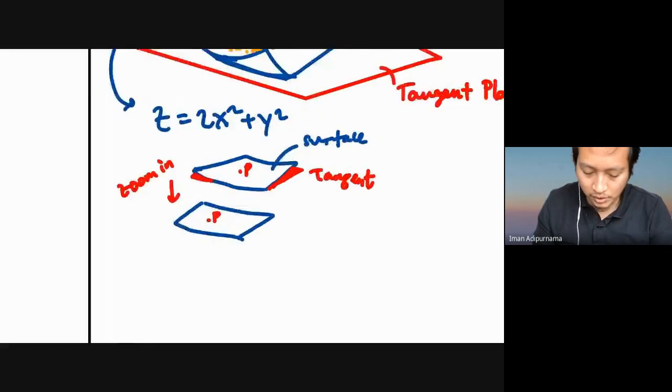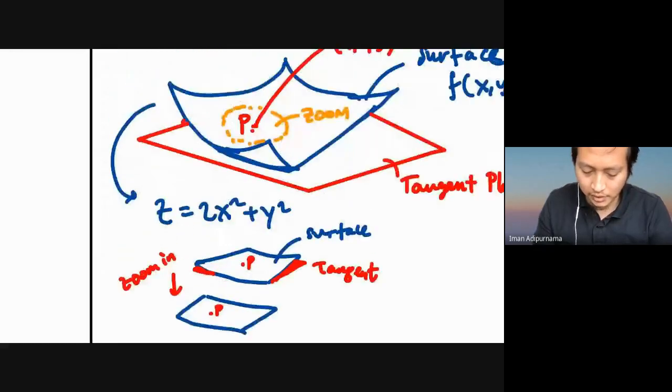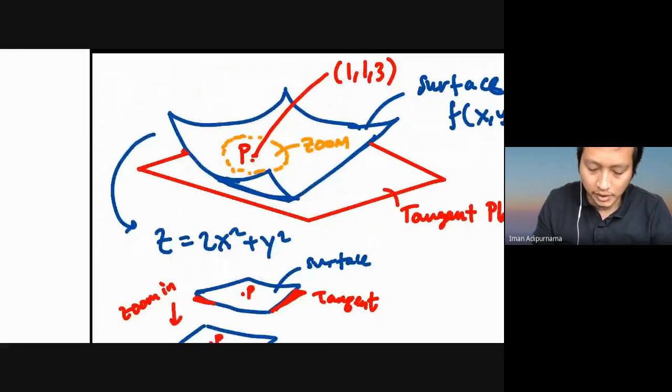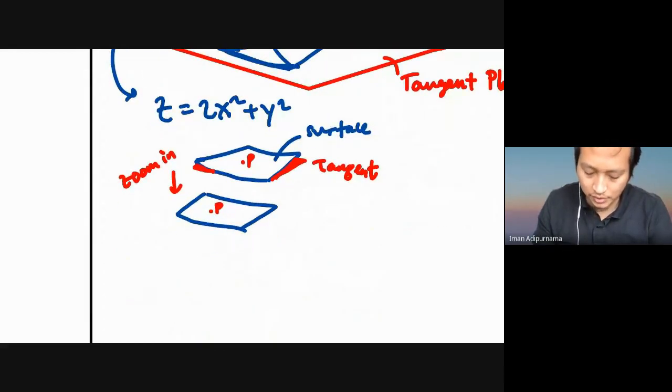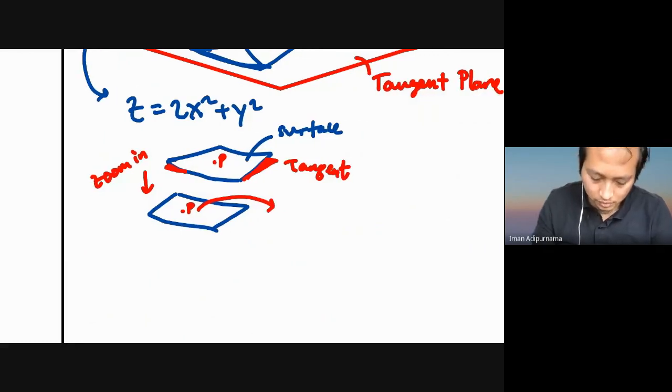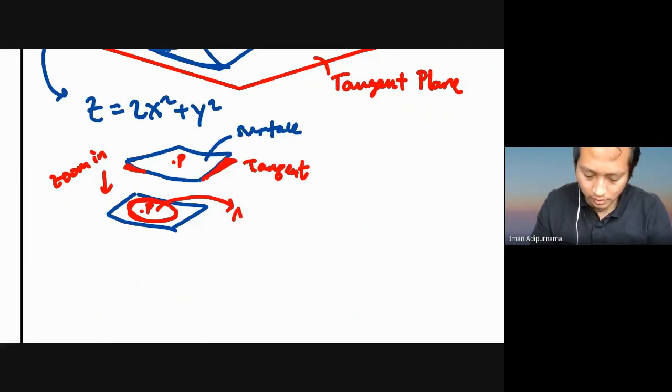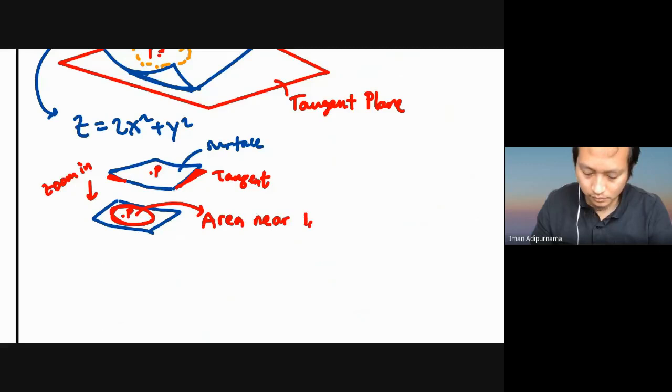So what does it mean? Which means that we can approximate, okay, a point. So this whole thing, this area here is the area near this coordinate.